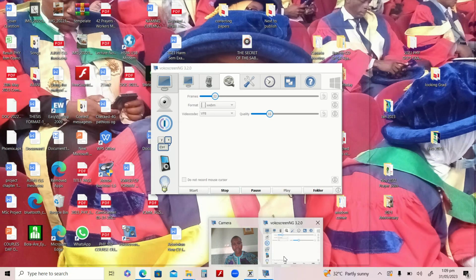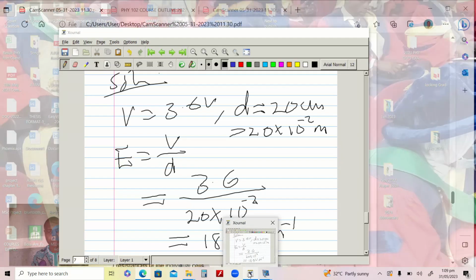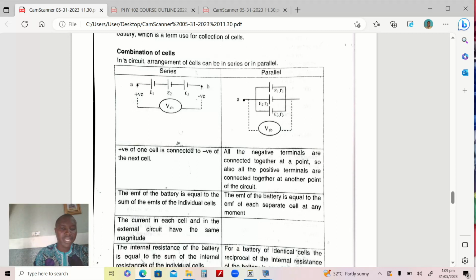That's when we are dealing with cells in parallel. When we are dealing with cells in series, you just connect the terminals together. The positive is connected to the negative, connected to the positive, connected to the negative. So that's what you do for those in series.